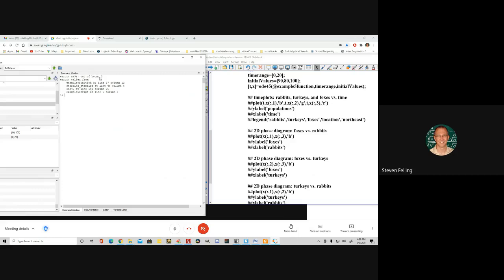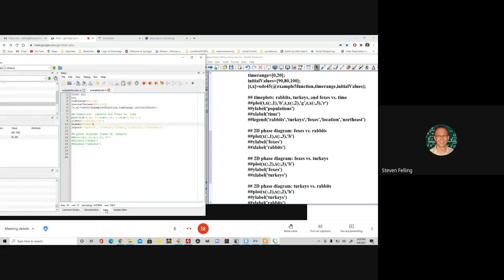Error 3 is out of bounds too, okay? So a lot of times when you do this, you have to... oh, I didn't give initial values. I didn't give an initial value for the third one here. I can see another problem that I need to add the initial value for turkeys. That could cause something to go out of bounds if you don't specify an initial value. Let's see if that fixes it.